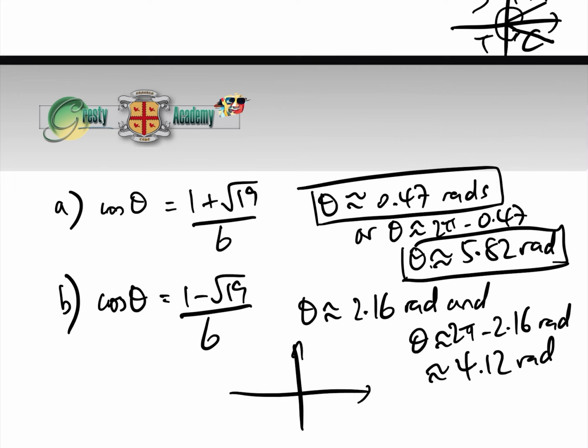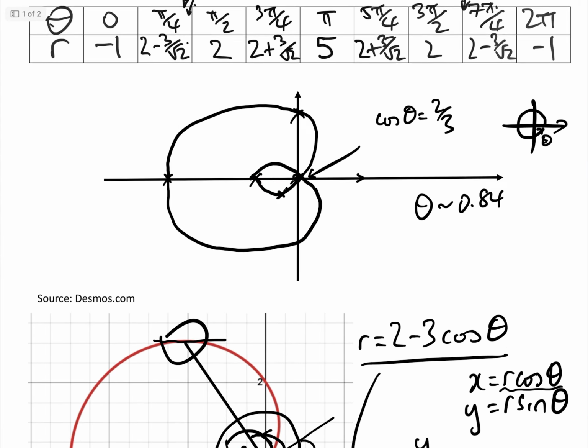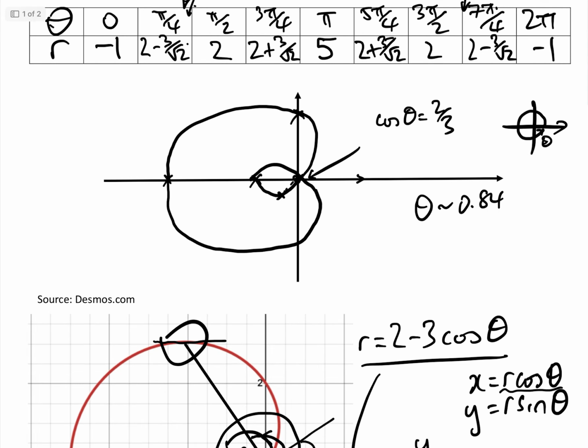That is basically this point here, which is 2.16, and its mirror in the x-axis here, which is 4.12 radians. You can see that these correspond to this point and this point, where, remember, the angle is here but r was negative, which is why it's over in that direction.